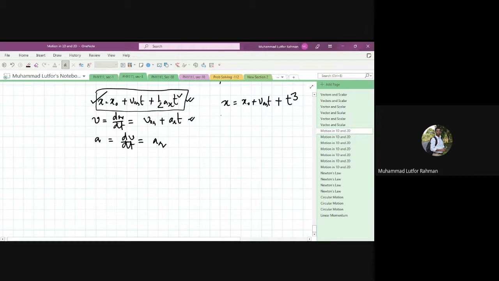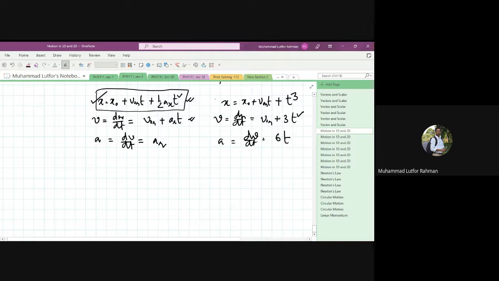If I take the velocity, dx over dt, x naught gives 0. It would be v naught plus 3t square, right? Some other function. Yes, sir. And acceleration is going to be dv over dt, which would be 6t.